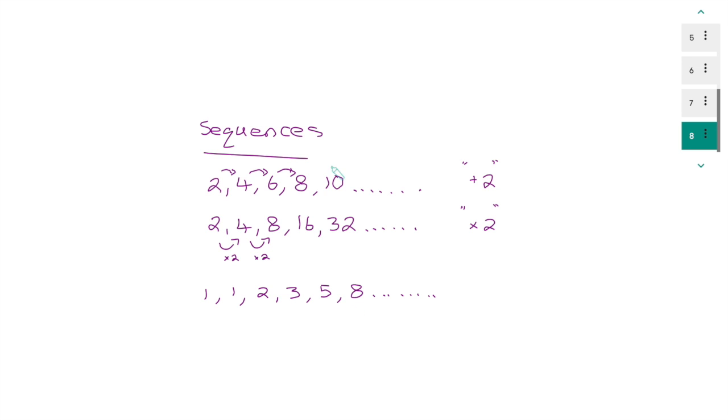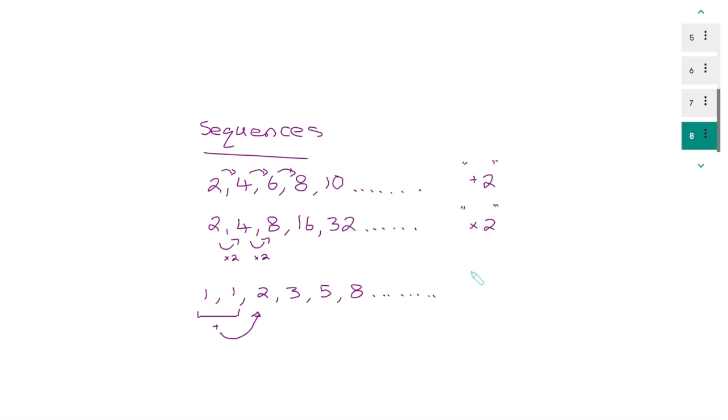This hasn't got the same sort of rule. You can't look at one term and then just say what the next term is. Here you have to know the previous two terms, and the rule is that we add the previous two terms to get the next term. So we've got 1 plus 1 is 2, 1 plus 2 is 3, 2 plus 3, and so on.